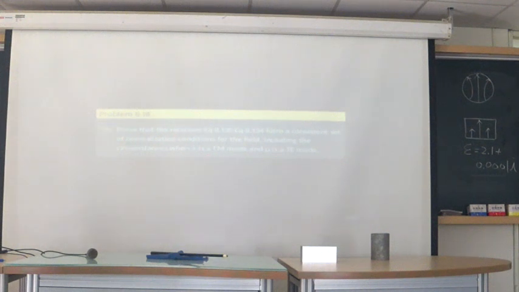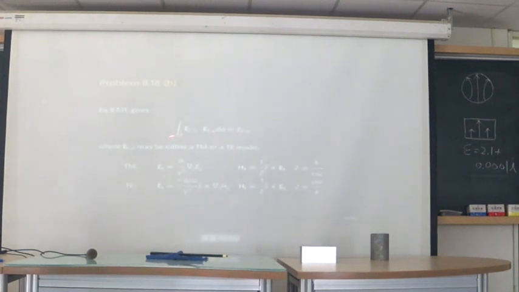So for problem B, we want to prove equations 8.131 to 8.134 in the textbook. The 131 says the transverse electric fields in the product with different modes should be orthogonal to each other, with appropriate normalization.